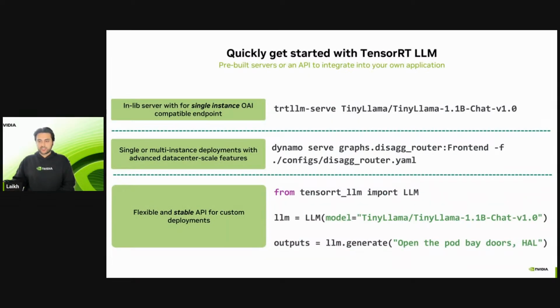To get started with TensorRT LLM, there are really three key ways that you can interface with the system. The first is that you can launch a server in one line of code using the trtllm-serve CLI. This is a server utility distributed in the library and enables you to deploy a single instance with an OpenAI compatible endpoint of your model. For larger scale deployments and orchestration of a multi-instance deployment, you can use a utility like Dynamo that provides advanced data center scale optimizations to further boost the end-to-end performance of your system.